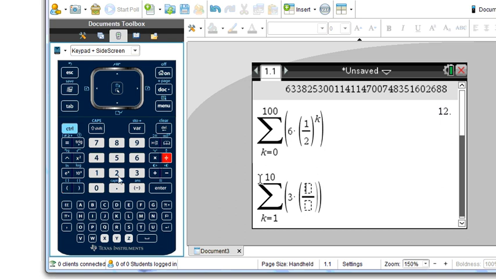I'm going to put in 1/4, and we're going to raise that to the power of K. And we're only going from 1 to 10, so 10 times.